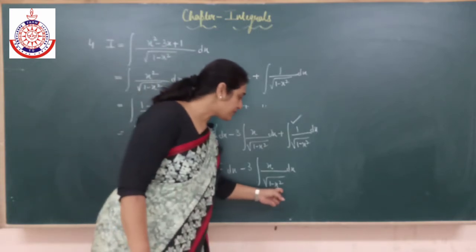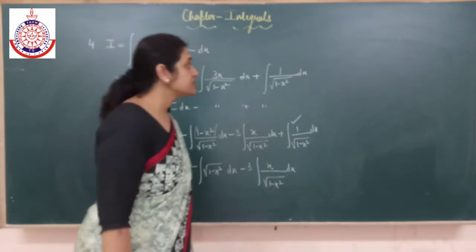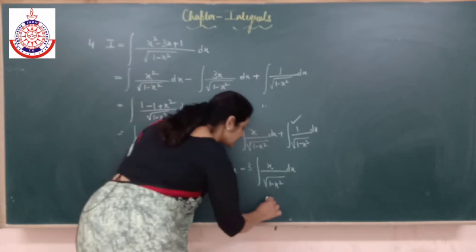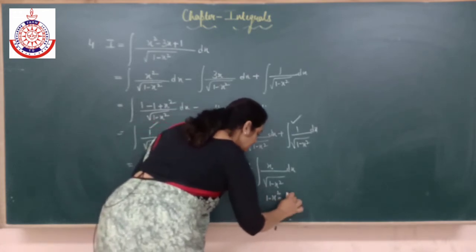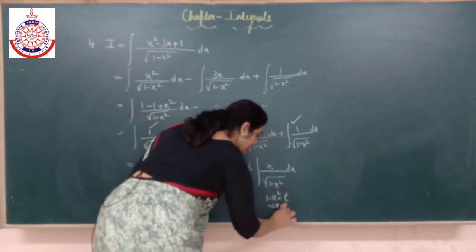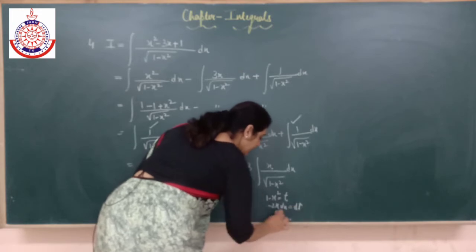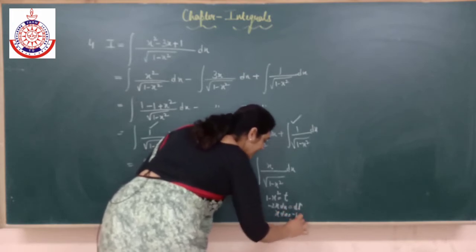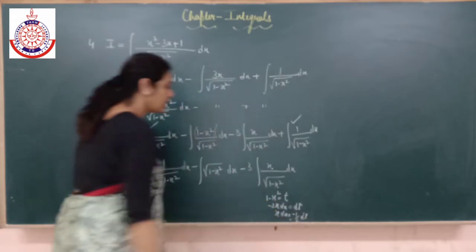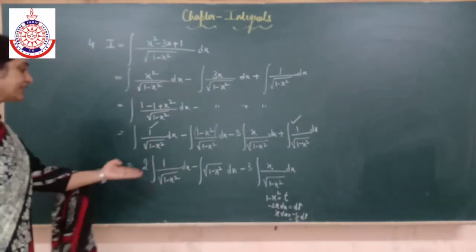If I substitute t equals 1 minus x square, what would be the differentiation? dt is equal to minus 2x dx. It will be x dx is equal to minus half dt. Alright, so write the integrations.